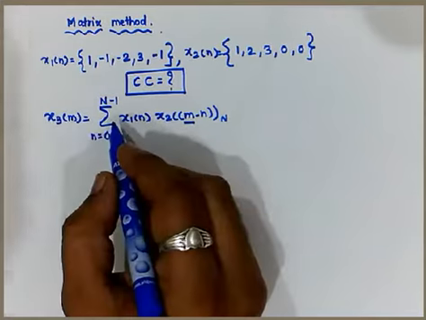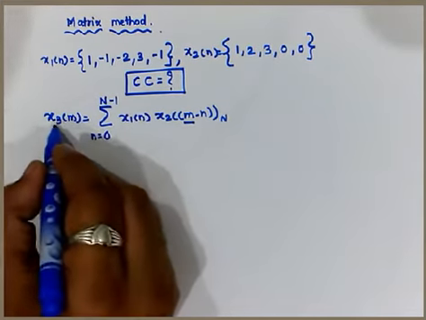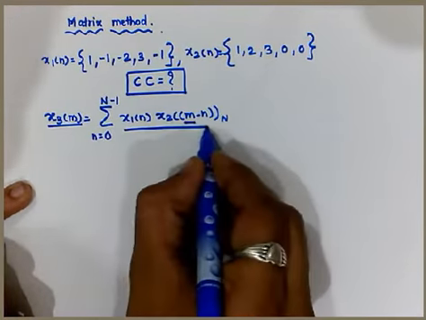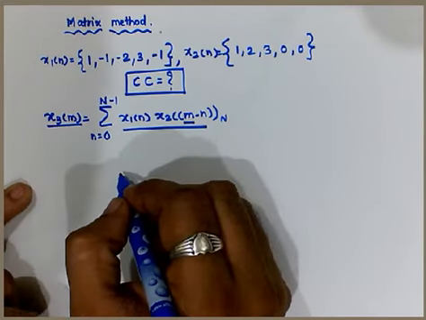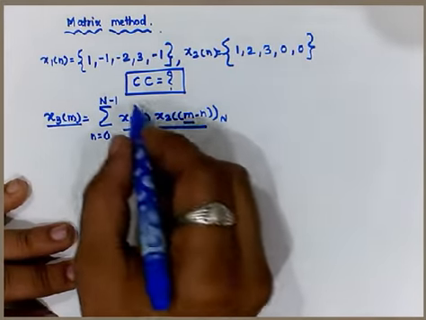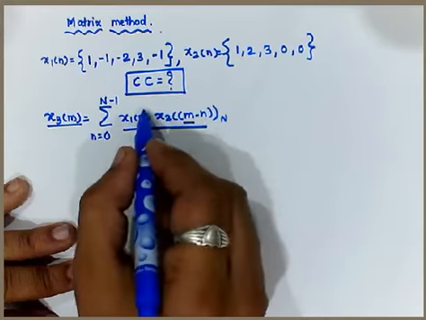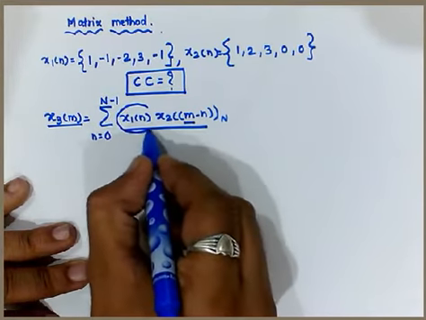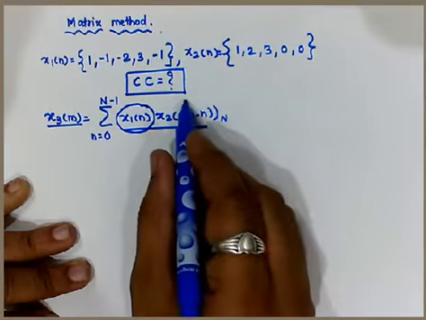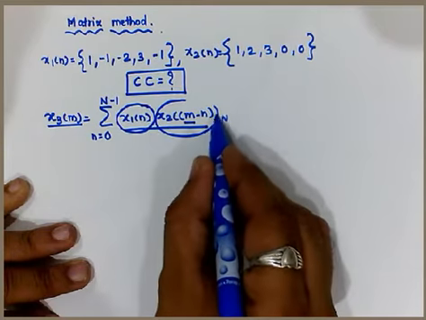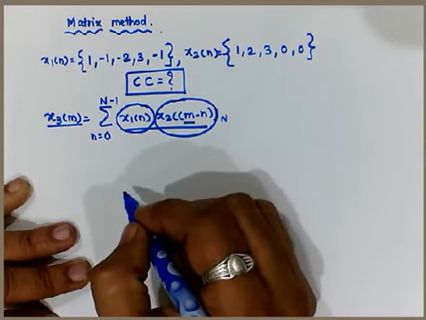This x3 is the circular convolution between x1 and x2. If you observe carefully, x1 is not changed at all, but x2 is shifted in a cyclic manner.